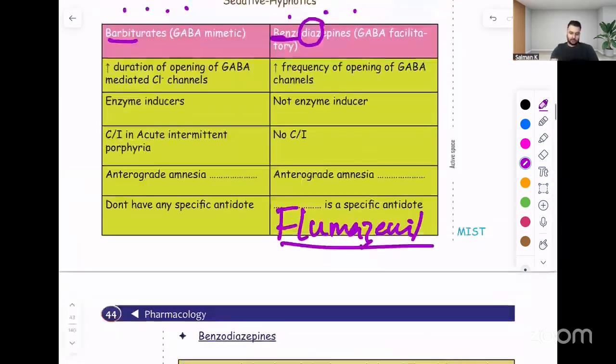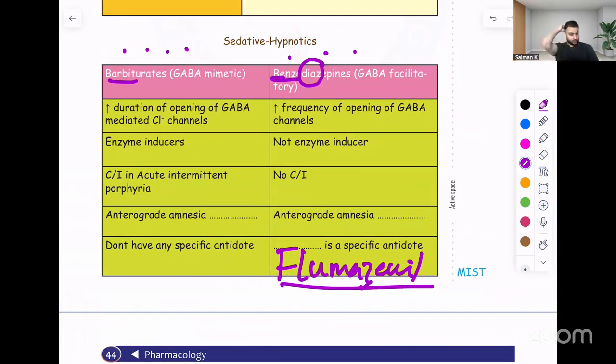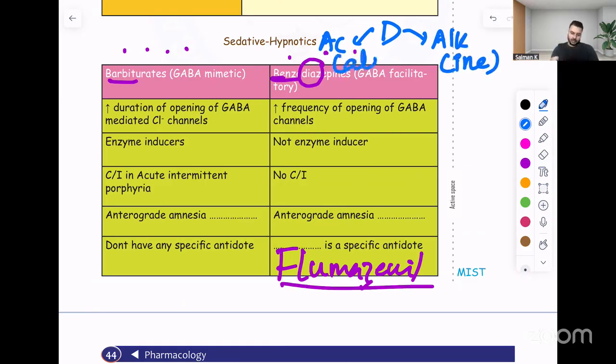And since barbiturate doesn't have an antidote, what do we do? I told you drugs, if you see, they can be acidic in nature or they can be alkaline in nature. Alkaline drugs will have ene in the name. Acidic drugs will have ate in the name. Ene and ate. This drug is having ate. Folic acid is also called folate, so ate means acid. So just remember that barbiturates are acidic drug.